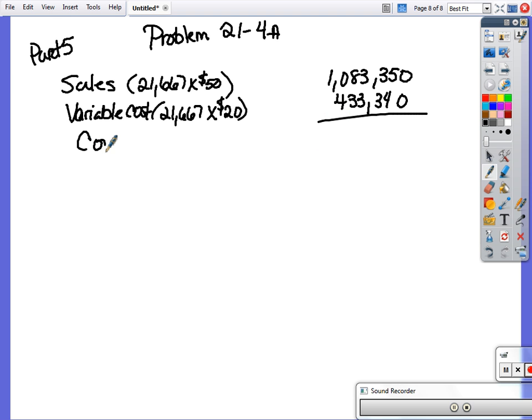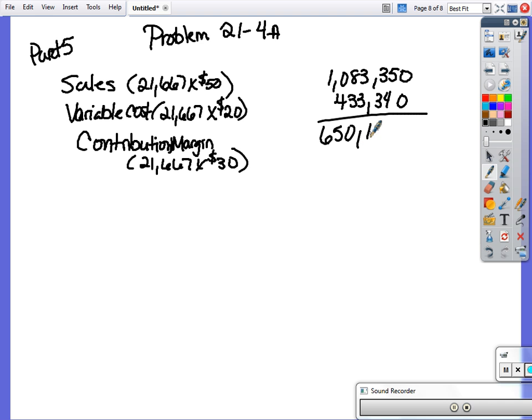Contribution margin. How much is it? Basically, if you subtract the 20 from the 50, 21,667 times 30. How much is it? $650,010.